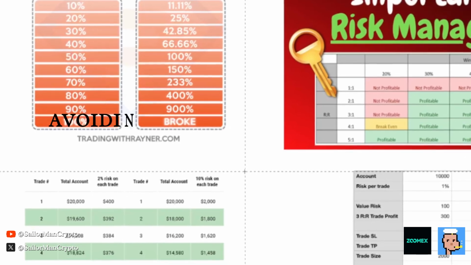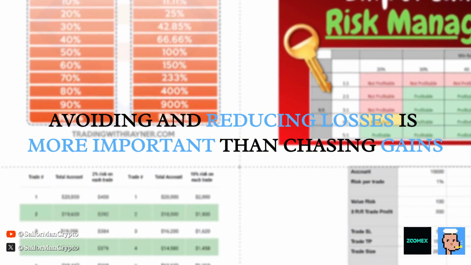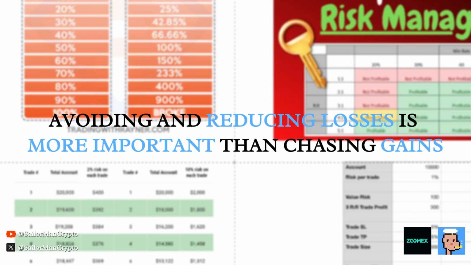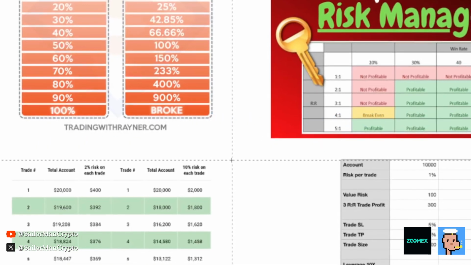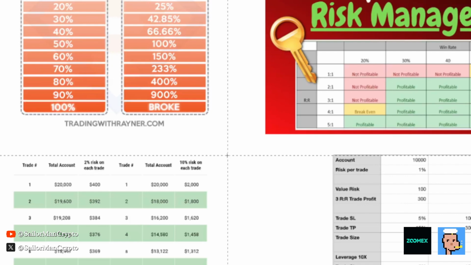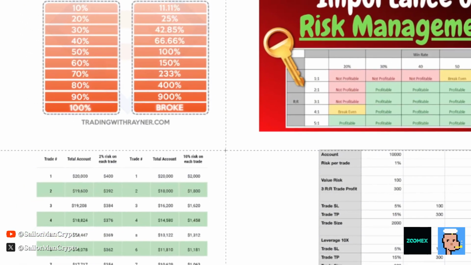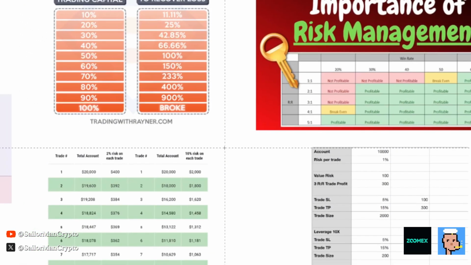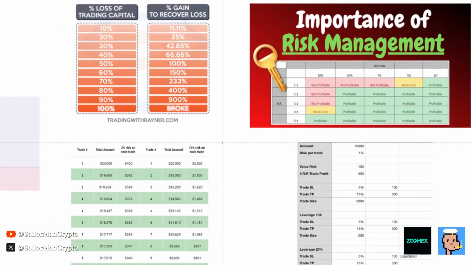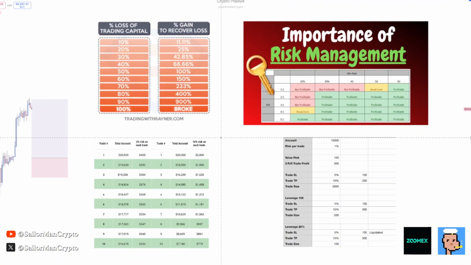That's why it's very important that you focus much more on avoiding and reducing losses than on gains. Because if you consume and destroy your capital, it will be very difficult, if not impossible, to even go back to break even. So reducing losses is of paramount importance whenever you want to start the endeavor of trading.